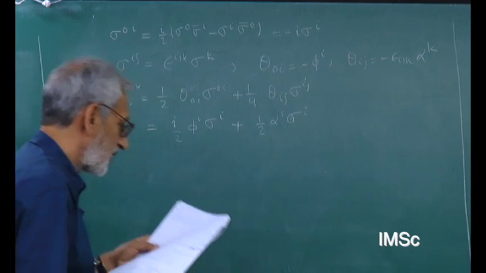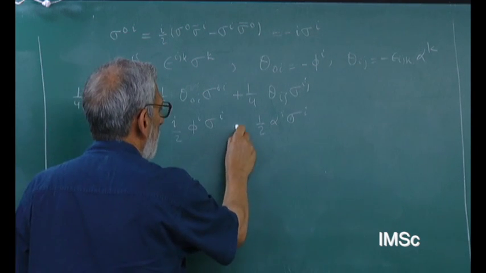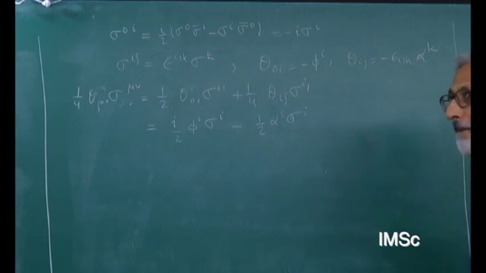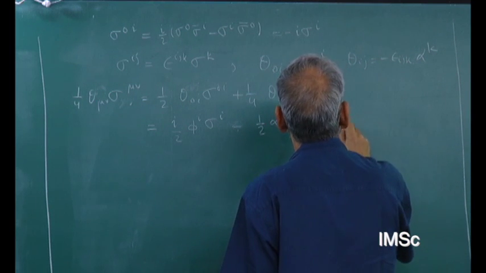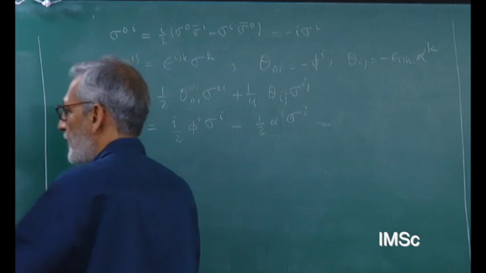Let me make sure that I have the sign right. No, I have the sign wrong. You'll check it, then there's a minus here. And that is because I think in this definition there's a minus here. So this is phi I. And then what do we have here?